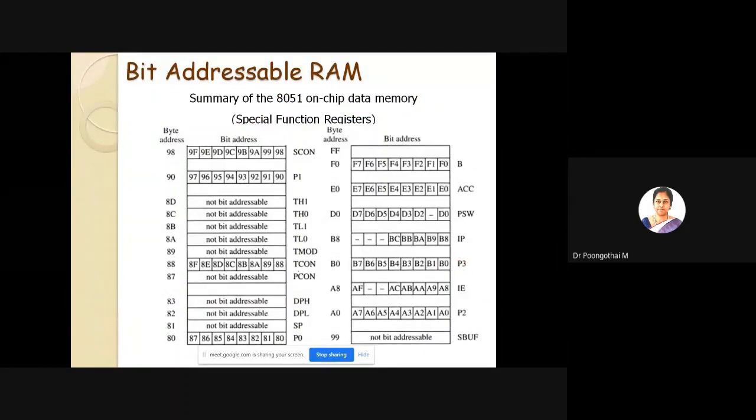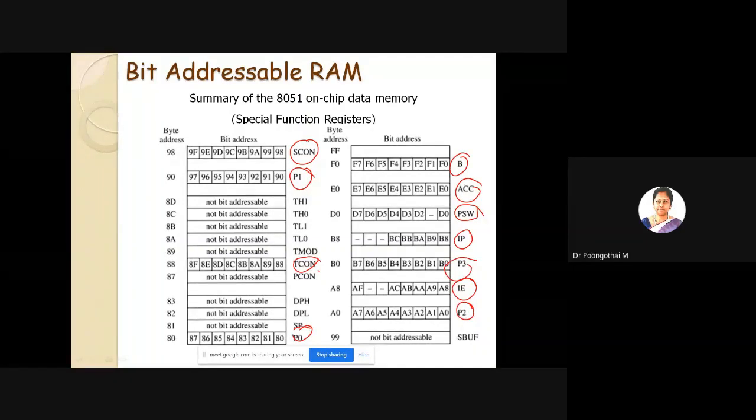So coming to the bit addressable case, among the special function registers, the bit addressable ones are IP, IE, TCON, SCON, PCON, A register, B register, PSW, and the 4 IO ports, P1, P0, P2, P3.